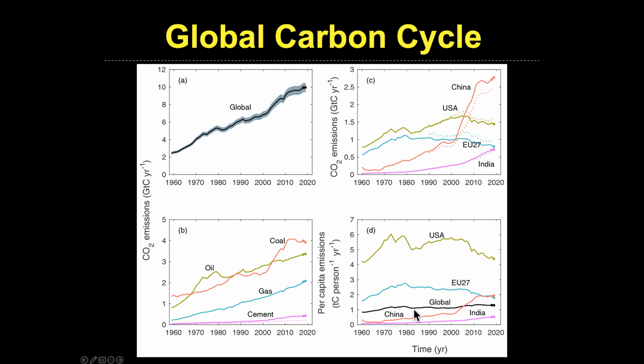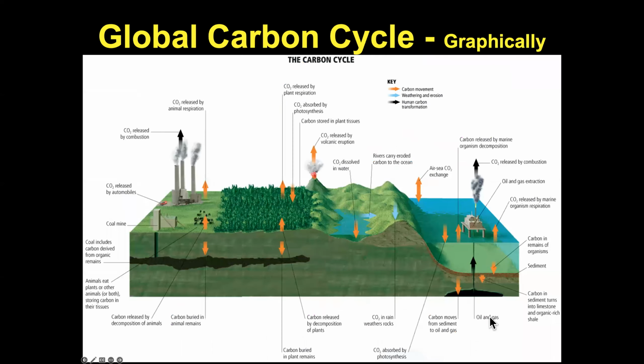China, though, has begun to go up per person, and you could eventually see this number surpass the United States. Remember, China has 1.3 billion people, and India as well.